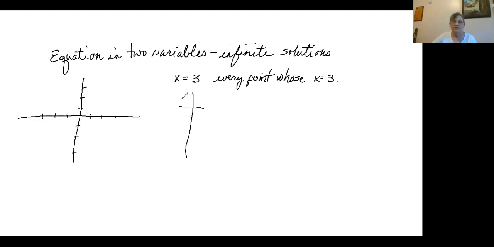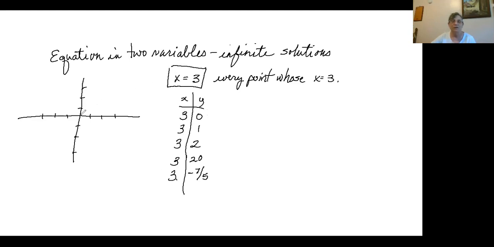For instance, while the point 3, 0 definitely has 3 as the X value, so does the point 3, 1, and the point 3, 2, and 3, 20, and 3, negative 7/5. Every point whose X value is 3 in 2-dimensional space is a solution to this.